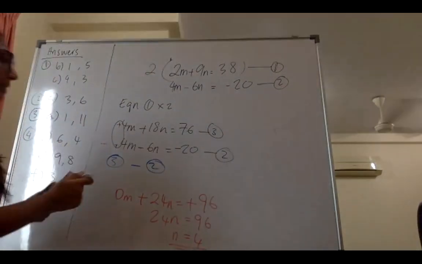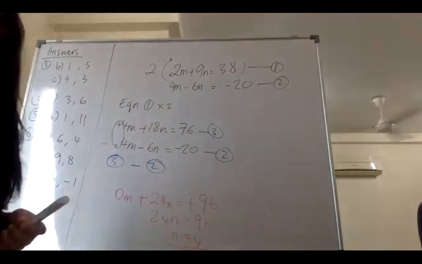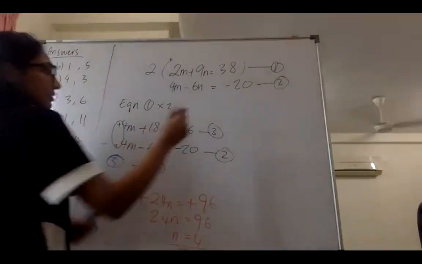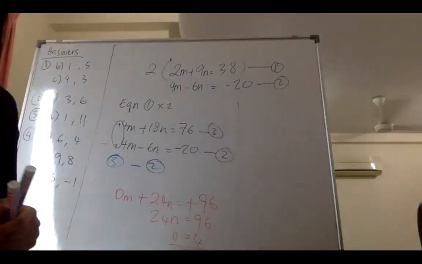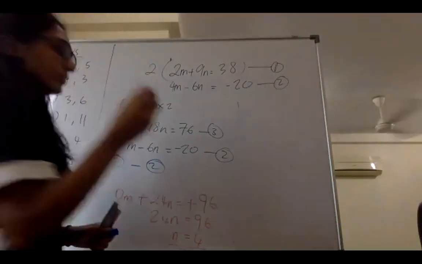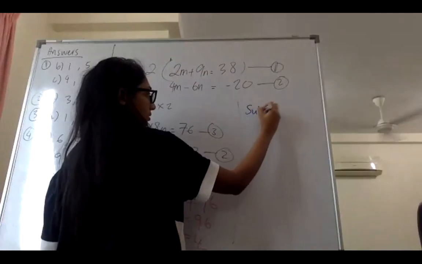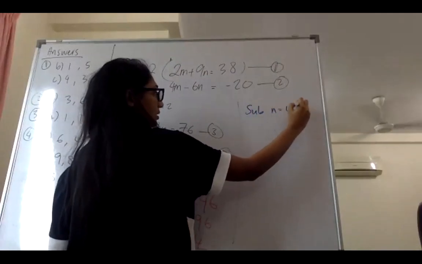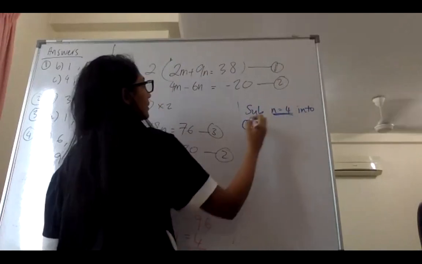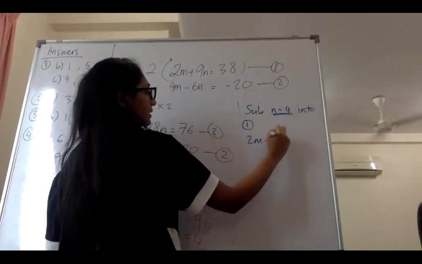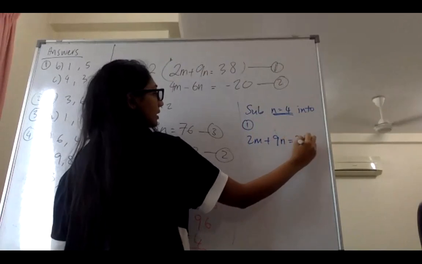Then I substitute n equals 4 into another equation. Into, let's say, equation 1. Okay, so 2m plus 9n equals 38.